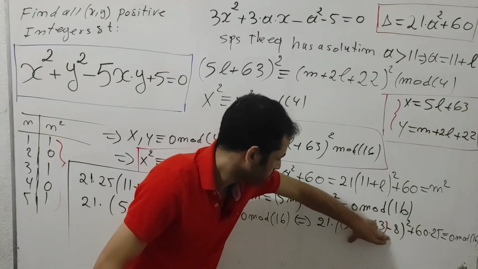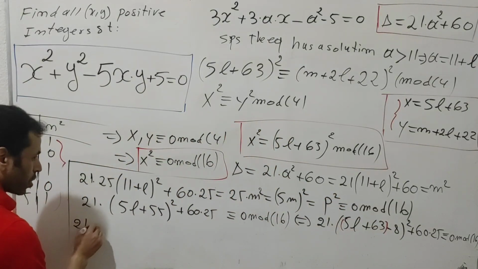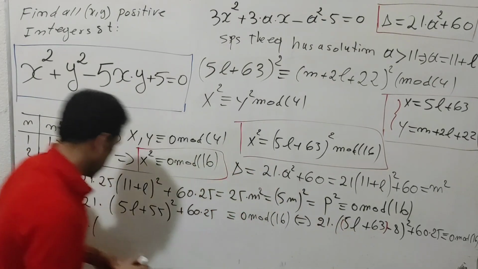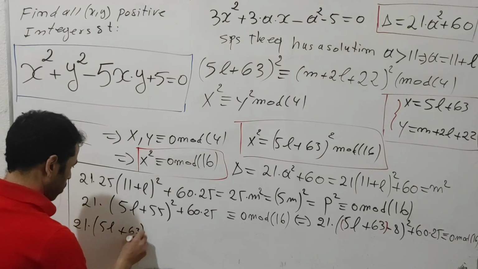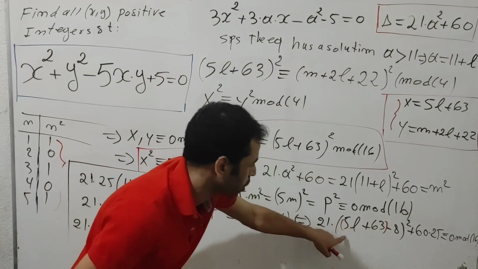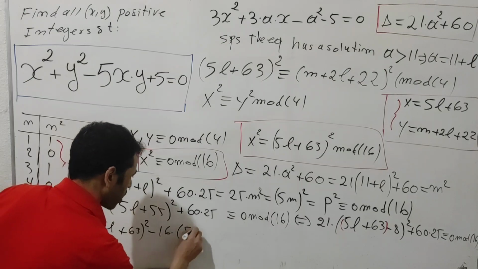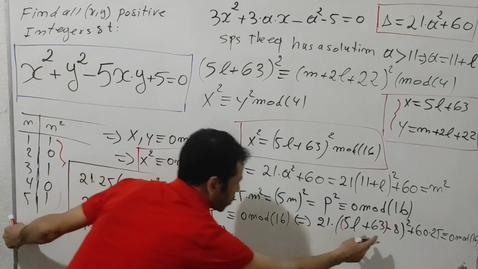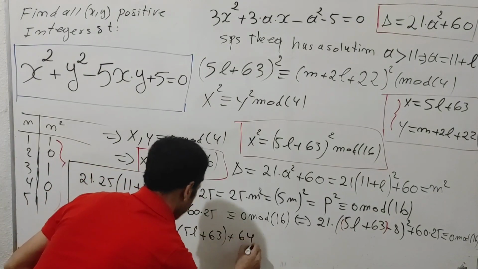Okay, I'm going to distribute this one. I will have 21 multiplied by (5L + 63) squared, minus 2 times 8 multiplied by 16 multiplied by (5L + 63), plus the last term, minus 8 squared, which is 64.